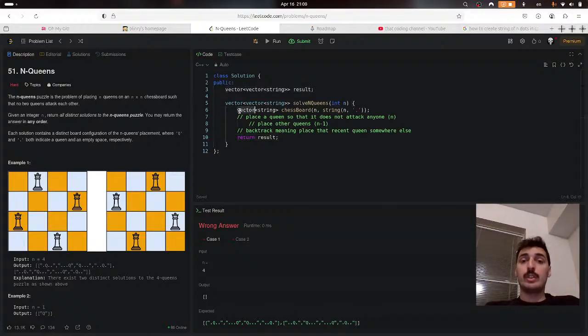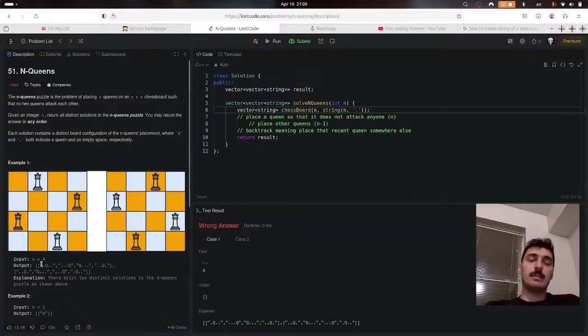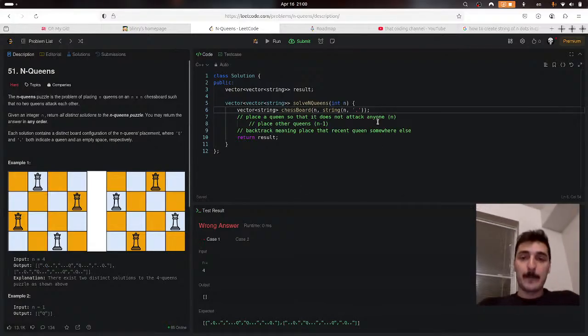We can also initialize a chessboard in this way, which is really good. Now, Q means there is a queen here. Let's say that T means that that place is taken.